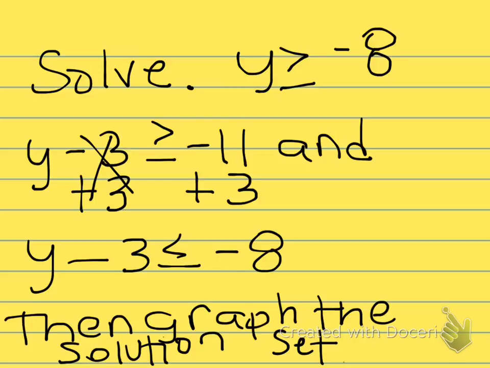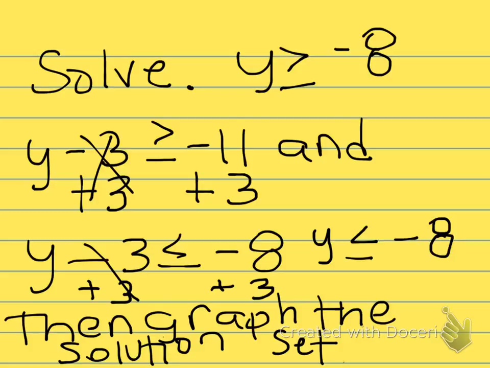Then we would need to solve our other inequality, which you would need to add 3 also to both sides to get y by itself. Again, we're not flipping the symbol, so it's y is less than or equal to negative 8. If I were to graph this, I would need to graph both inequalities on the same number line.